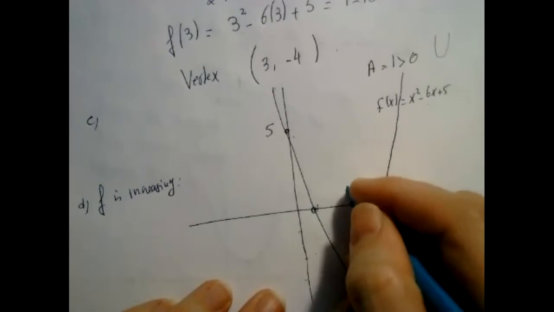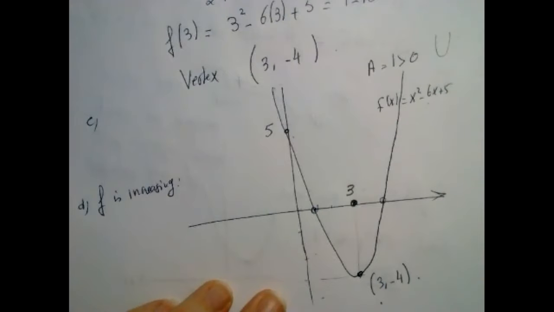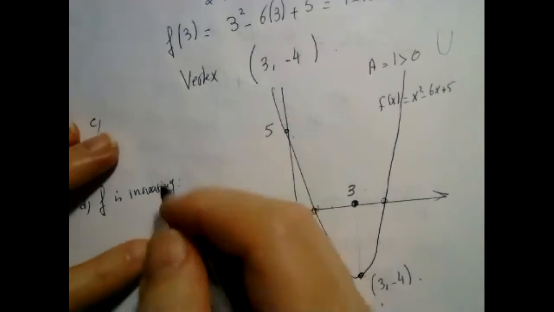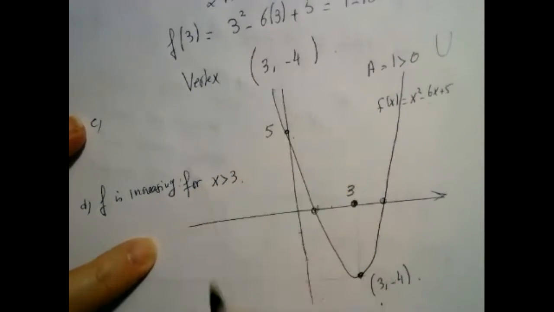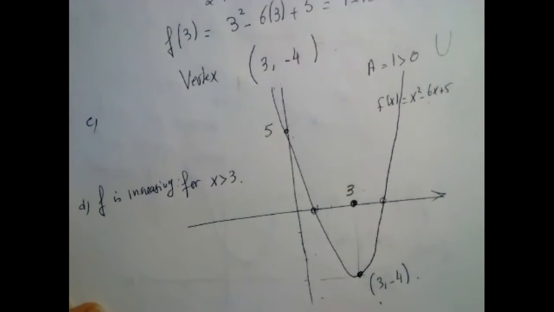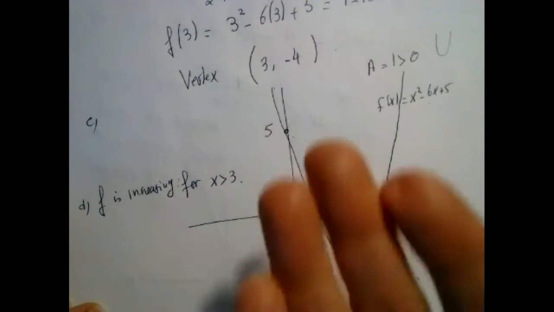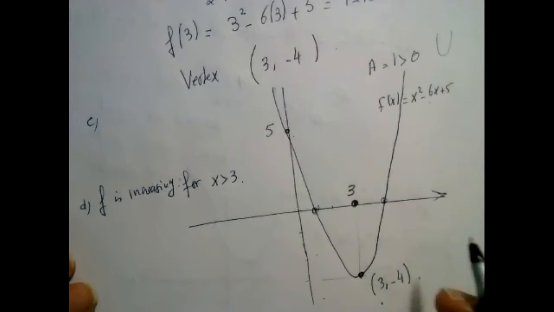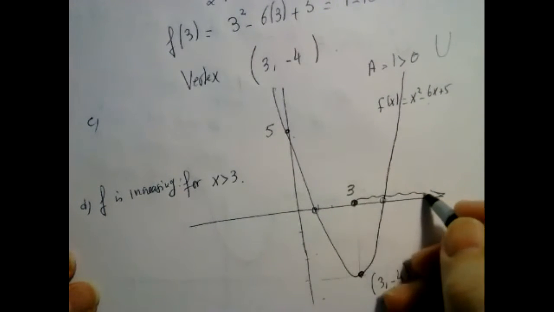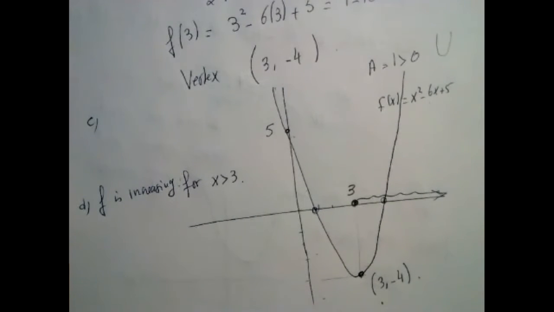Now I know this is 3. That's why I needed the vertex. So my function is increasing for x bigger than 3. That's really when it is increasing. But I needed, as I said, the vertex to be able to answer this question. That's why it's D. So from here to here, it's increasing.